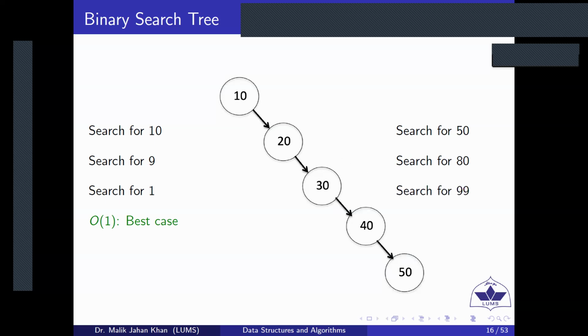Or if I search for 99, the same thing will happen. That takes us to the worst case scenario, where we have to compare all elements exactly once. That means we end up with big O of n, and that's our worst case complexity of the search operation in a binary search tree. And our best case complexity is big O of 1, which we have just seen for the kind of scenarios which are listed on the left side.